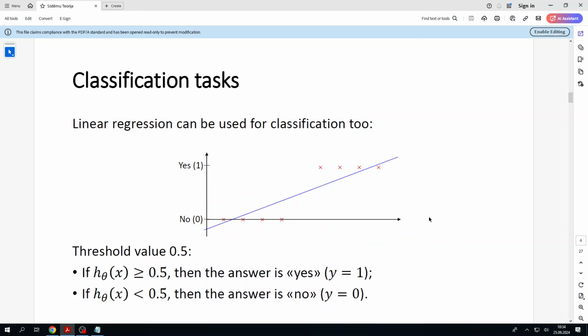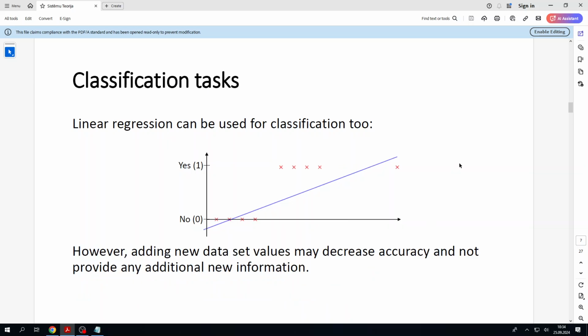Now let's say we have one very extraordinary, super genius student who managed to get a super high score. Yes, like here. Of course, he will be admitted. There is no doubt about that. But the problem here you can see is that this is going to change this entire line, this entire function, and it might start working not so accurately.